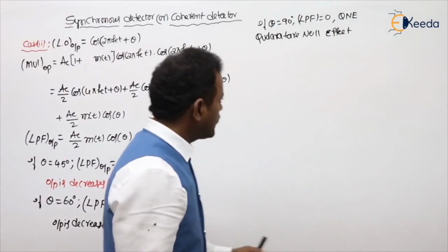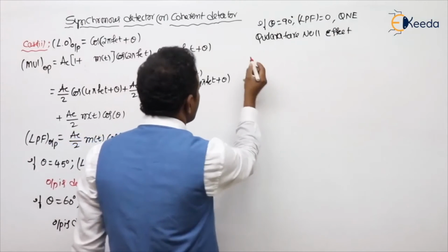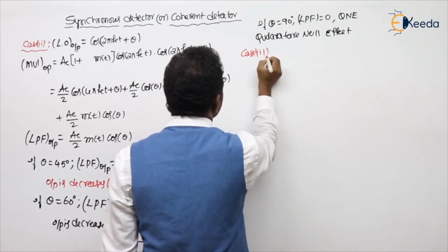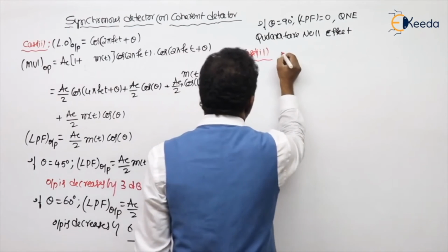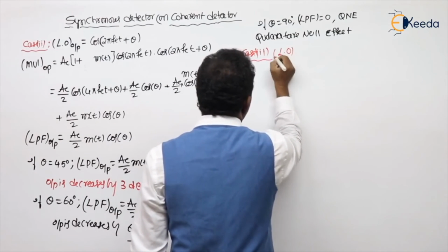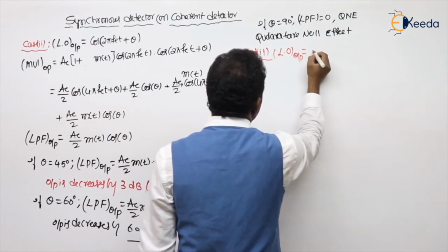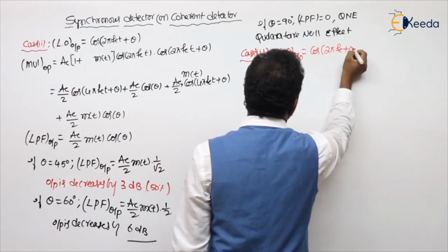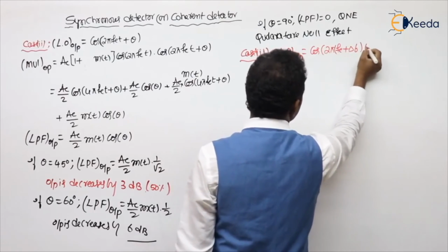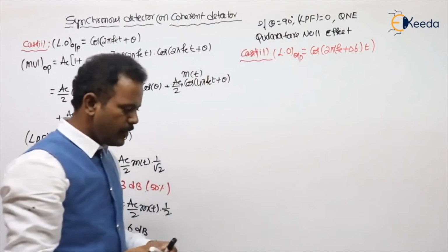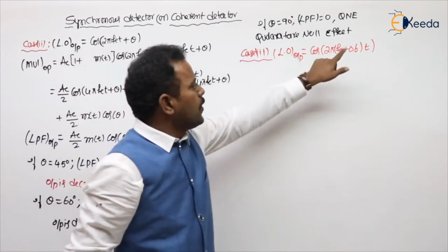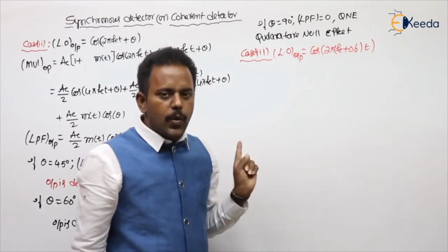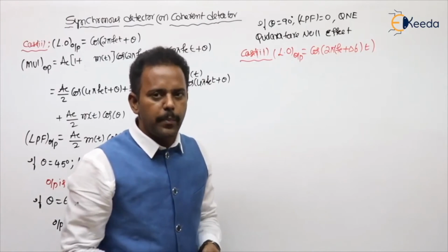Now, see the third situation. That is case 3. For example, if the local oscillator output has a frequency difference of delta f, where delta f is the frequency difference between the original carrier and the local oscillator output, then what is happening?